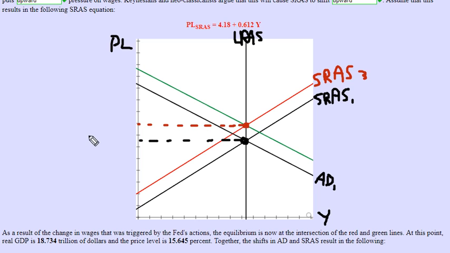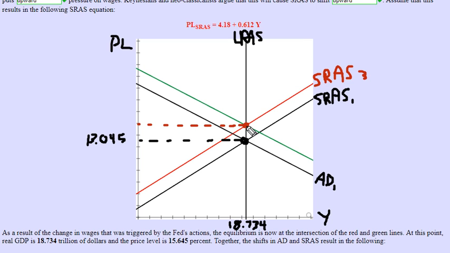The price level for scenario 1 was 13.045, if I remember right. And the GDP at scenario 1 or at scenario 3 is equal to potential in either case, because short run aggregate supply 1 and aggregate demand 1 cross at long run aggregate supply 18.734.